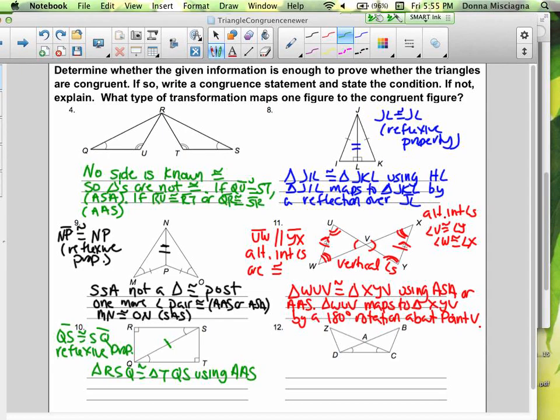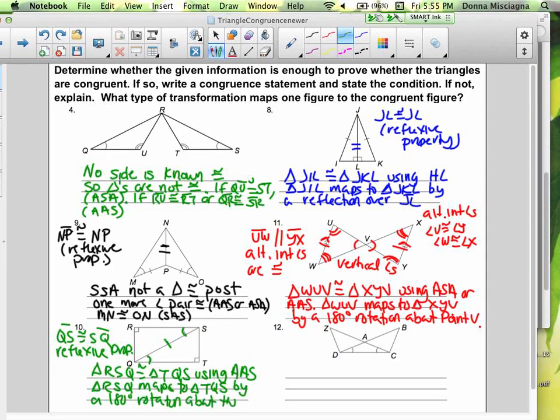And again, do you see how we'd have to rotate it so that this angle matched this angle, and it'd be right about the center point again. So triangle RSQ maps to triangle TQS by a 180-degree rotation about the center.